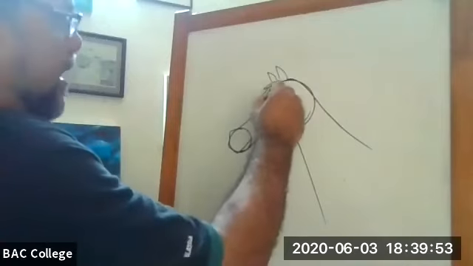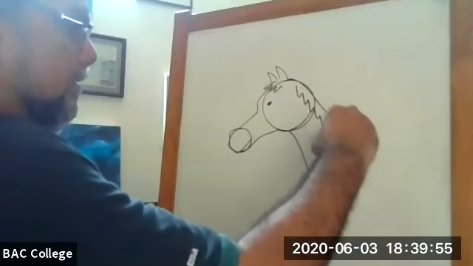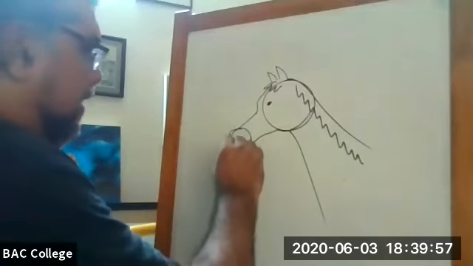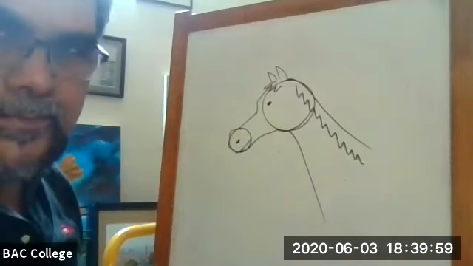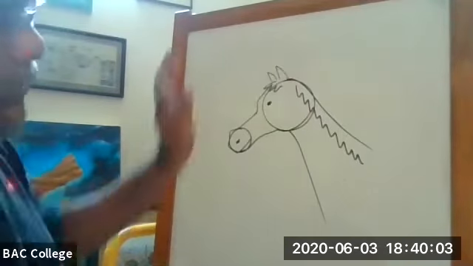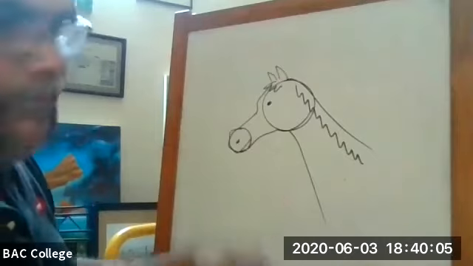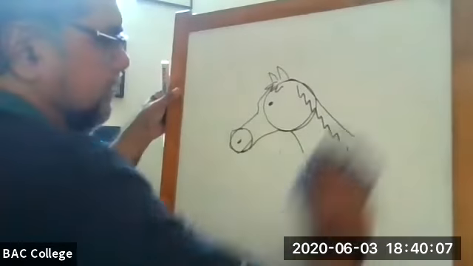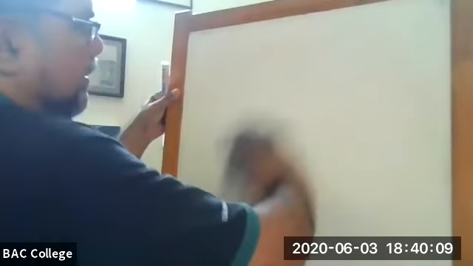Okay, and some hair here, and the hair here, and then the nose. All right, so it's quite simple. Okay, we understand the two circles. So keep practicing again and again many times, and then you will get it.